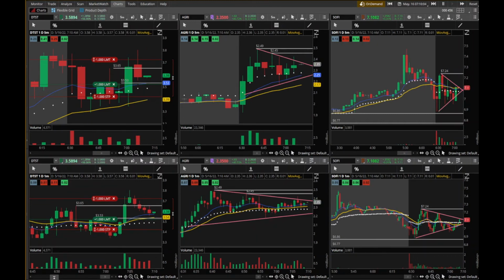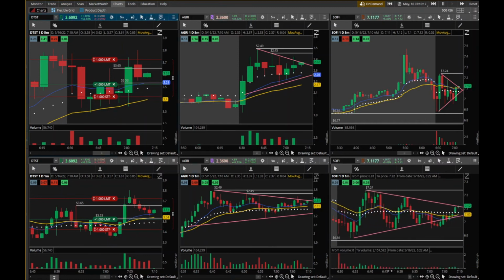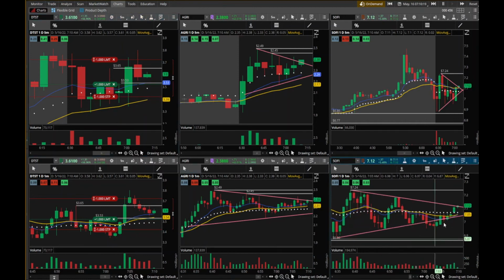Agri looking like it might go for a higher high. Maybe, no, I don't know. Sophie up at the line.